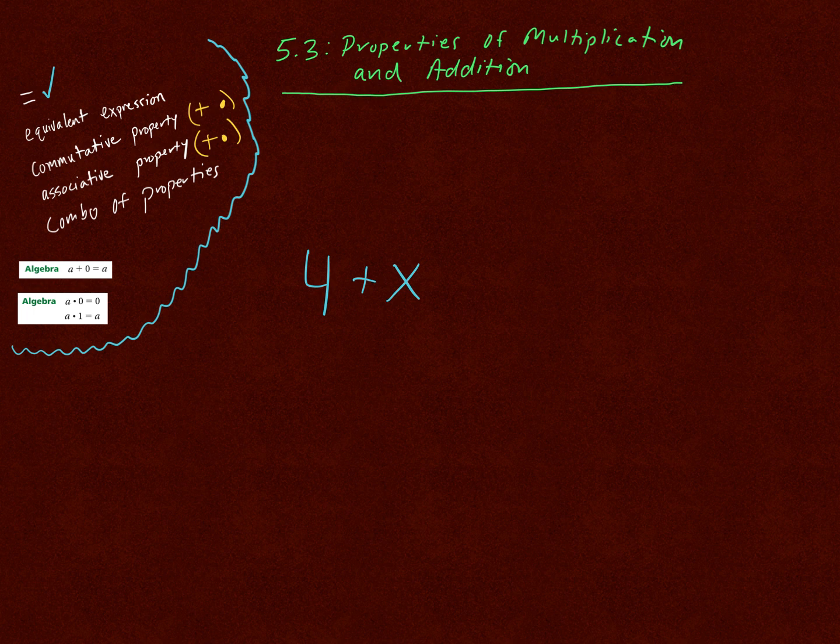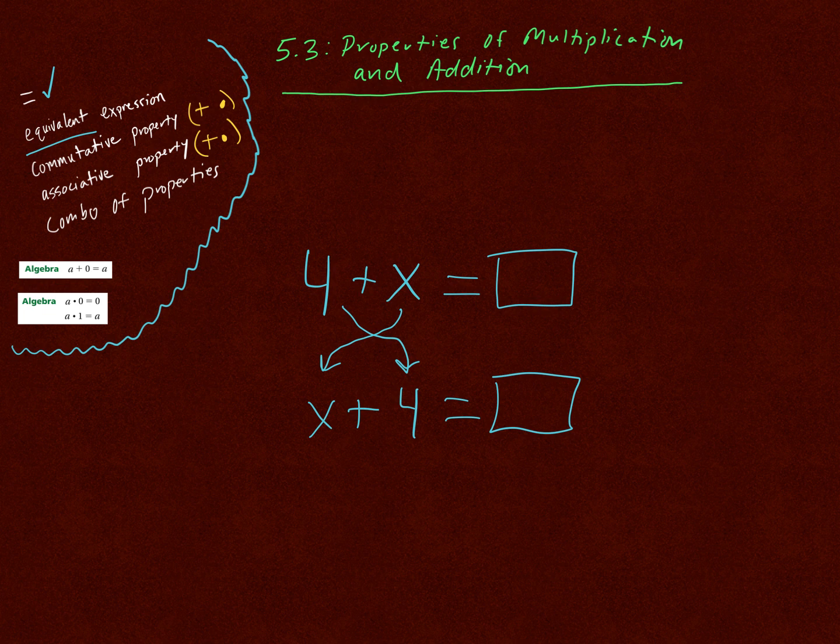An equivalent expression, equivalent just means same, right? It comes from that word equal. So an equivalent expression could be x plus 4. When I move the x to the other side and the 4 to the other side, it will not change whatever the answer is.